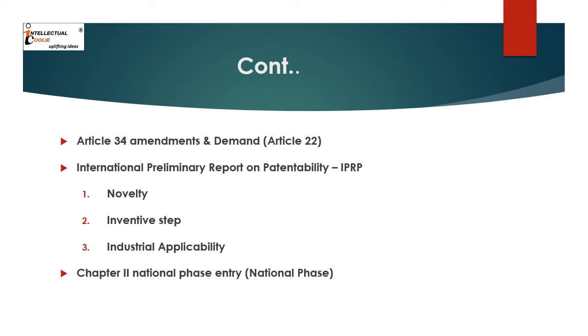Because when you go to the US, they will also do the search again, like in India we do the examination. In the same way the US will also examine your application, and if the US jurisdiction finds some prior art which is relevant and objectionable to your patent application, they may decide not to give the grant. So the grant of a patent is decided by the individual jurisdiction only.